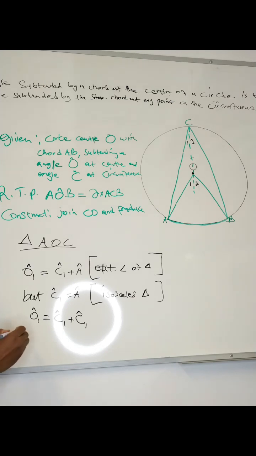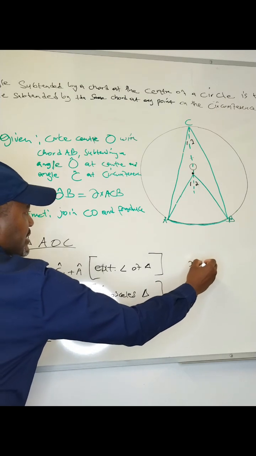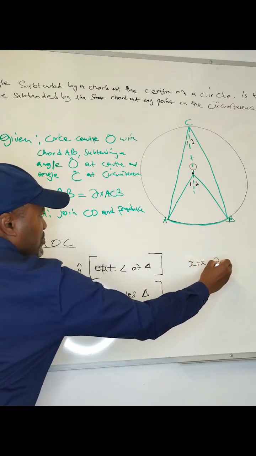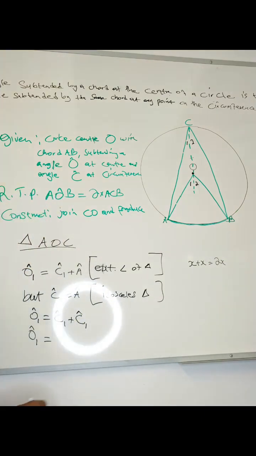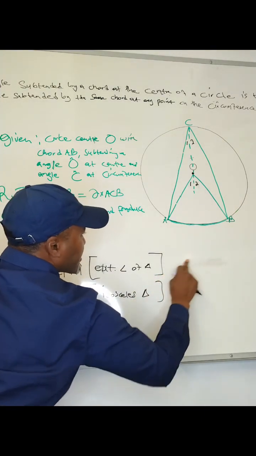And now we've got angle O1 is equal to C1 plus C1. These two are the same, so we should add them. This is the same as x plus x; your answer will be 2x.